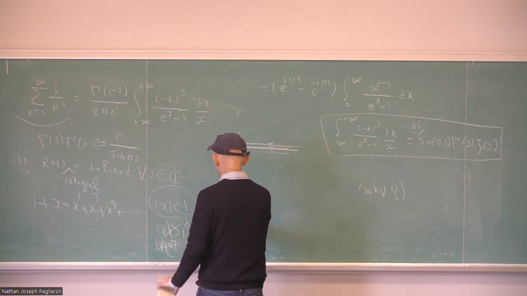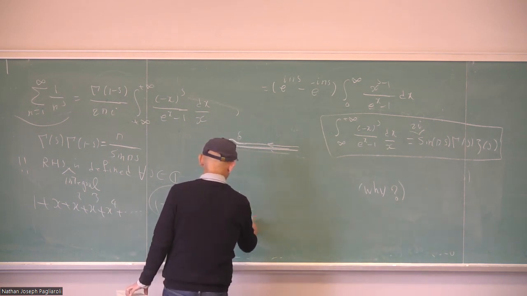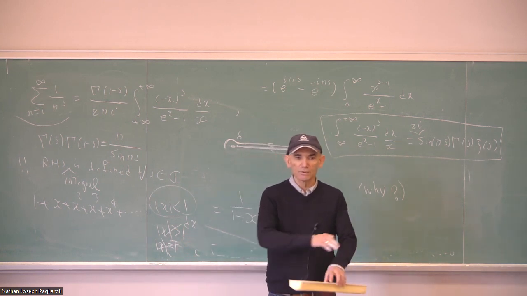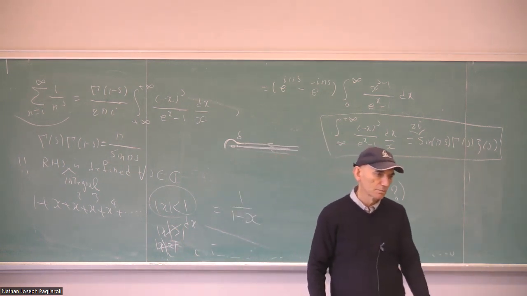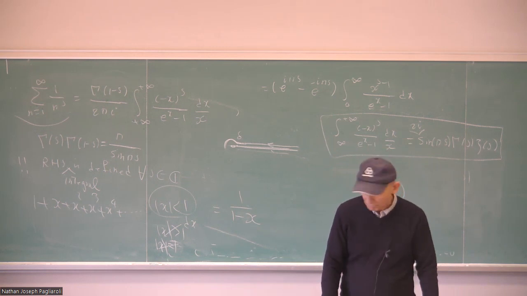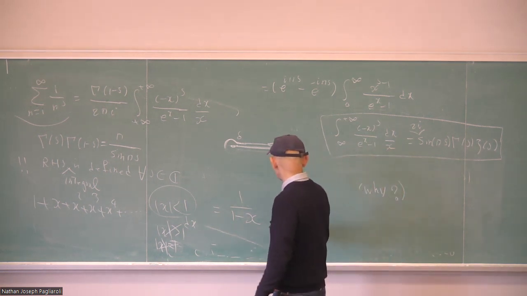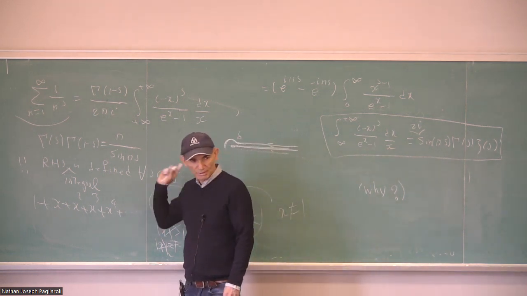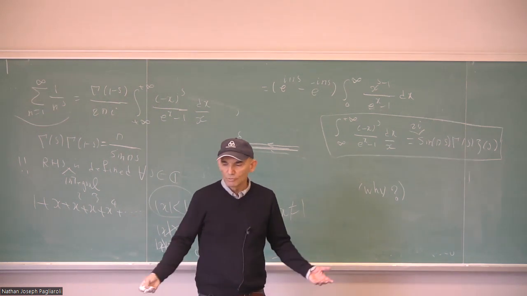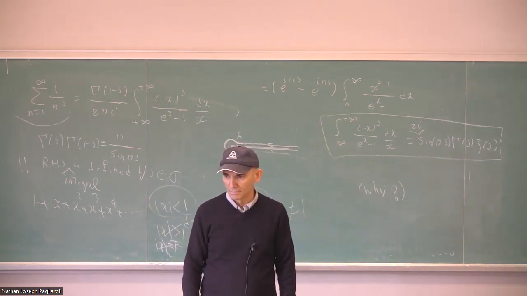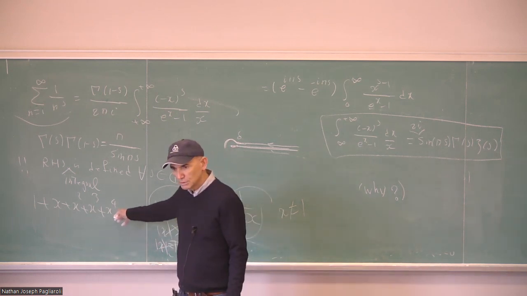So it actually can be continued magically to the whole complex plane except x equal to 1. But if you didn't have this geometric series formula, you wouldn't be able to make this statement, right? Because by looking at it, you don't know.